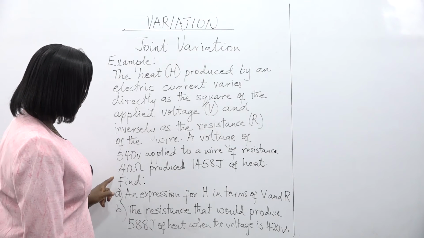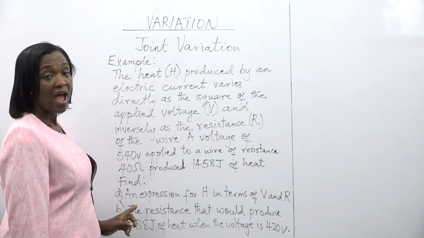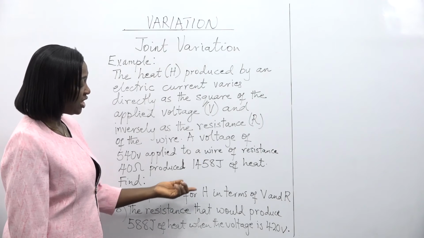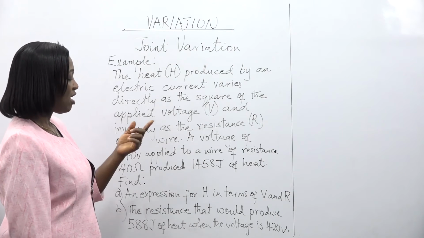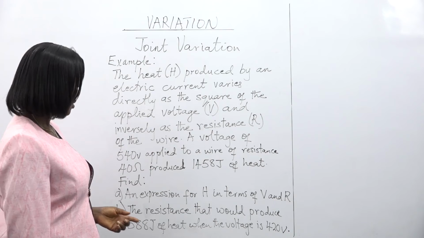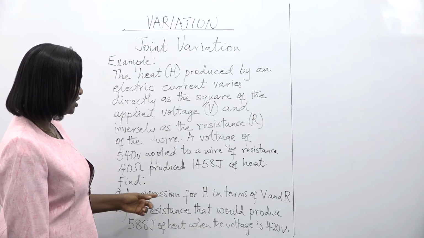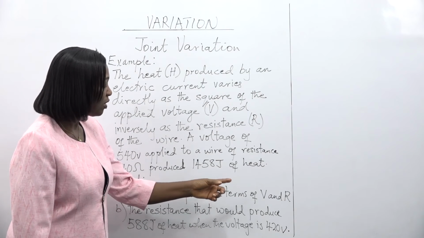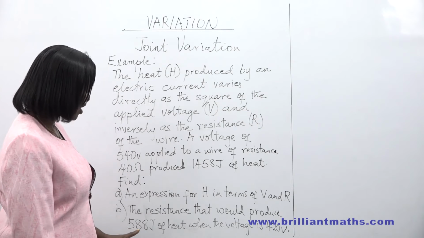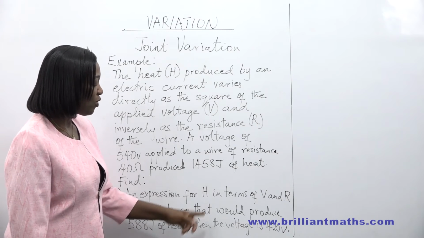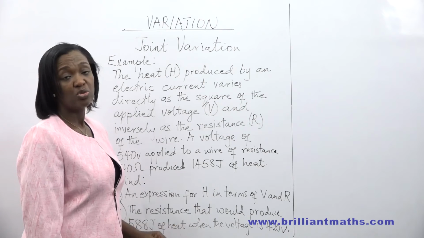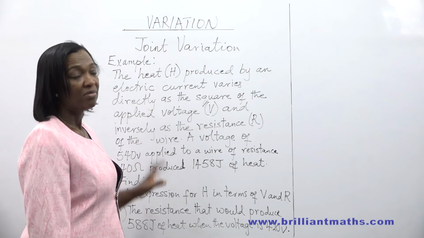Find A, an expression for H in terms of V and R. Secondly, find the resistance that would produce 588 joules of heat when the voltage is 420 V.